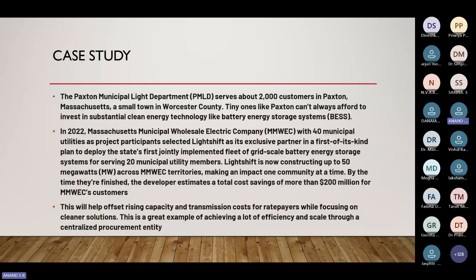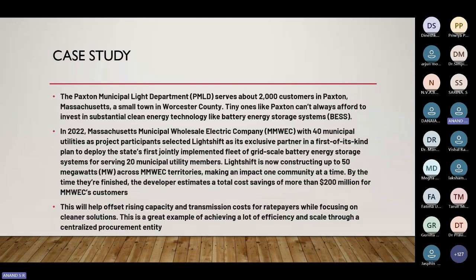And there was an additional cost involved in that. About 200 million in savings could be there on account of the sharing of the battery energy storage system by all these municipal utilities together. So that is a way in which the economy of scale can be obtained.